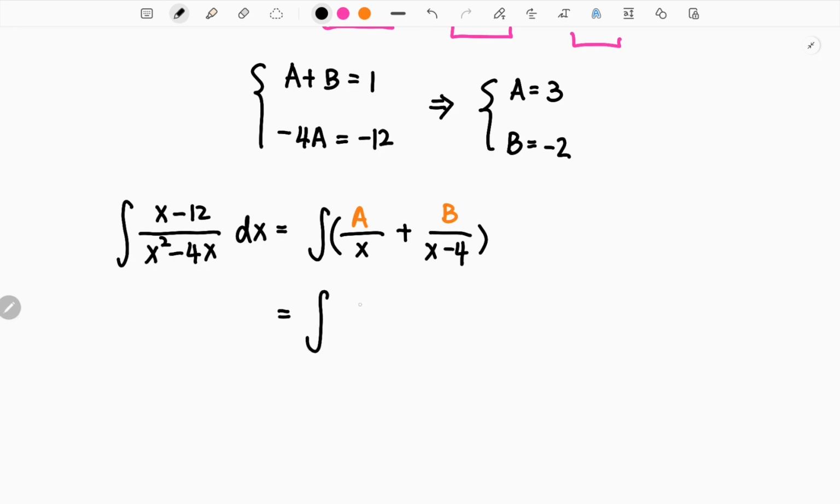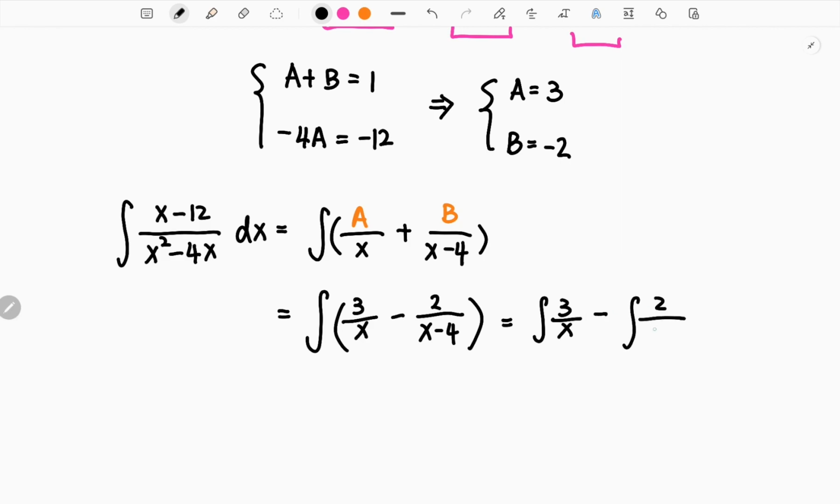And that gives us 3 over x, because B is equal to negative 2 here, so we have minus 2 over x minus 4. Then we can separate those two integrals and calculate them. And that is equal to the integral of 3 over x minus the integral of 2 over x minus 4. So that becomes a lot simpler to calculate.